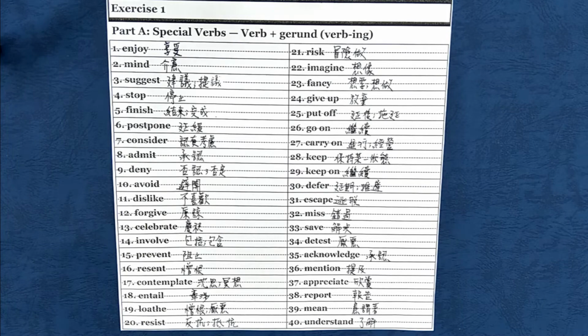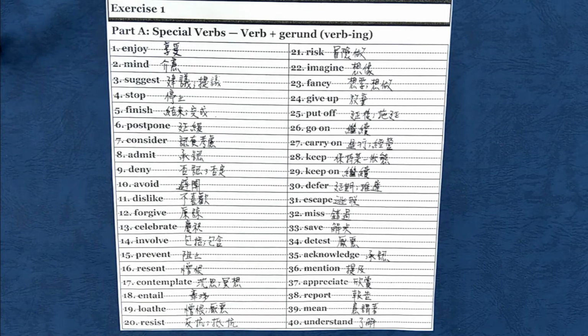So, every one of these verbs can be followed by a gerund. So, for example, number 1, enjoy. I enjoy going to the movies. I enjoy swimming. Enjoy is followed by a gerund. All right, these are very special verbs and you have to remember them. All right, let's go over them.